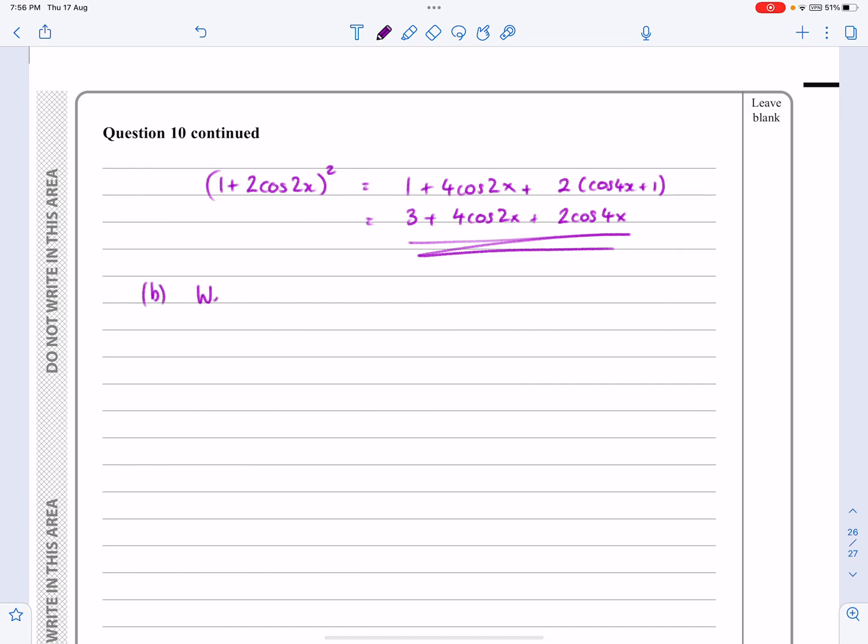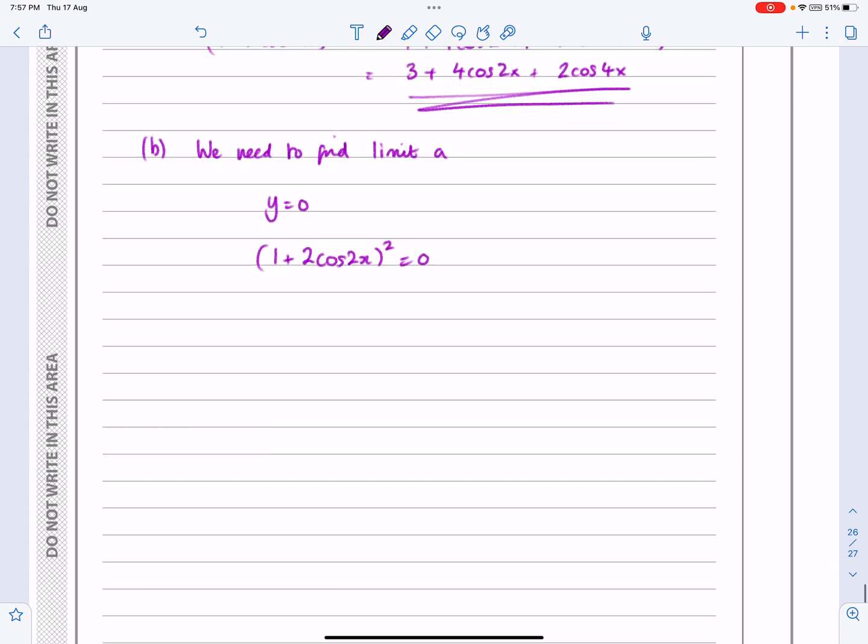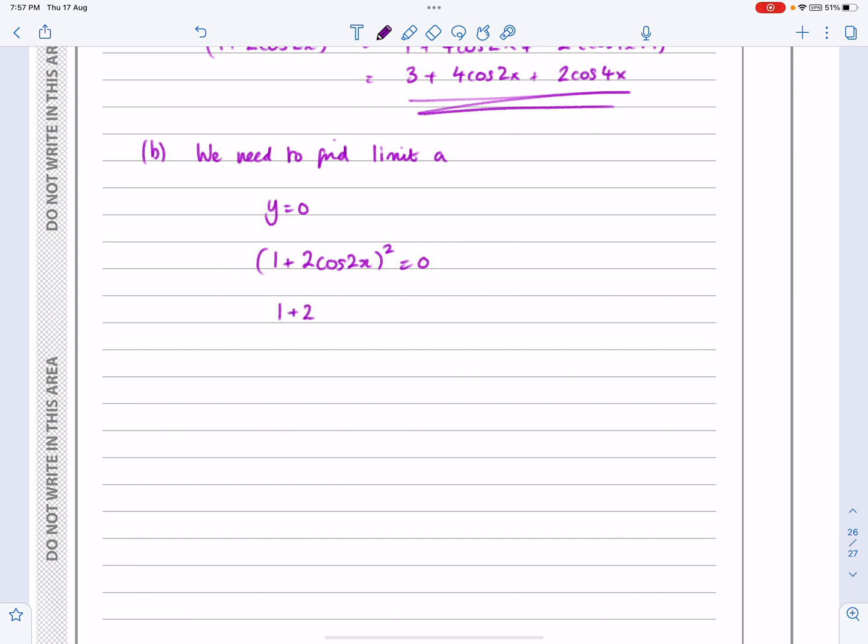So by B, we need to find limit A, which is going to be y equals 0, which is going to be (1 + 2cos2x)² equals naught, which is 1 + 2cos2x equals naught, which means 2cos2x equals −1, cos2x equals −1/2.